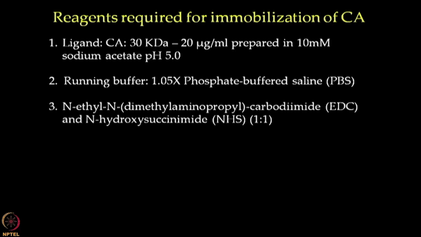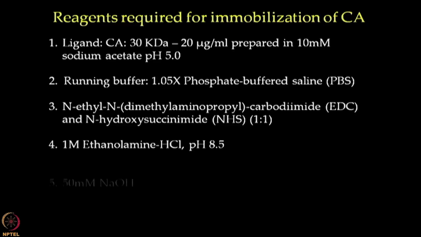EDC and NHS are prepared as suggested in the amine coupling kit for surface activation. 1 molar ethanolamine HCl pH 8.5 is prepared for blocking the free ester groups on the surface. Lastly, 50 millimolar NaOH is prepared, which will be used to remove the electrostatically bound ligand.